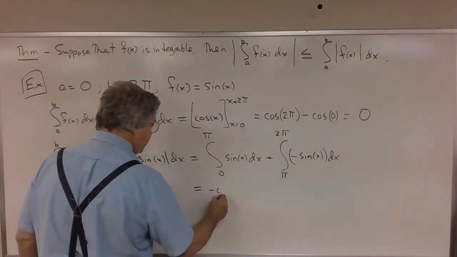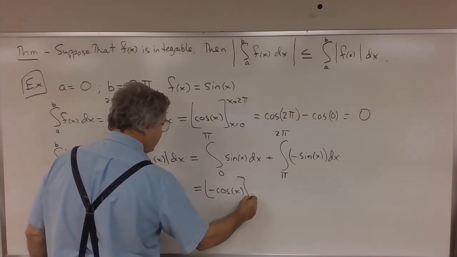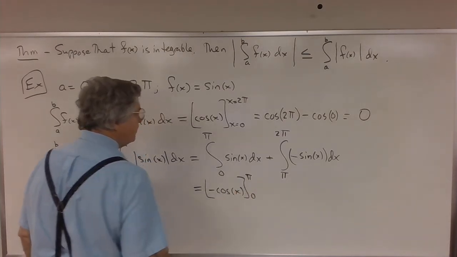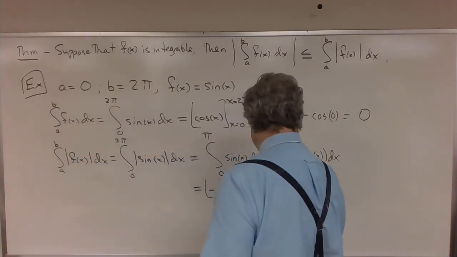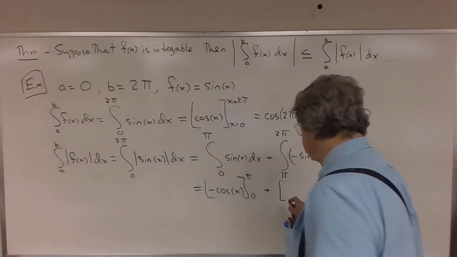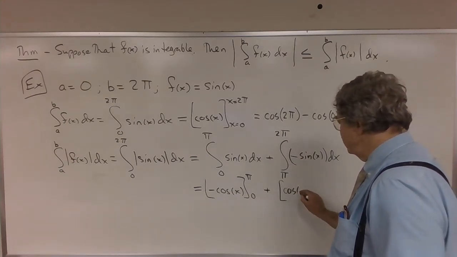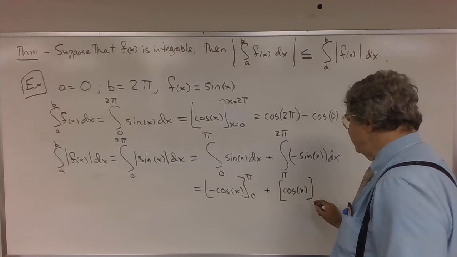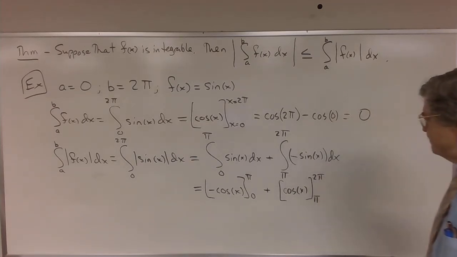Negative cosine from x equals 0 to x equal pi. And here I get positive cosine from x equal pi to x equal 2 pi.